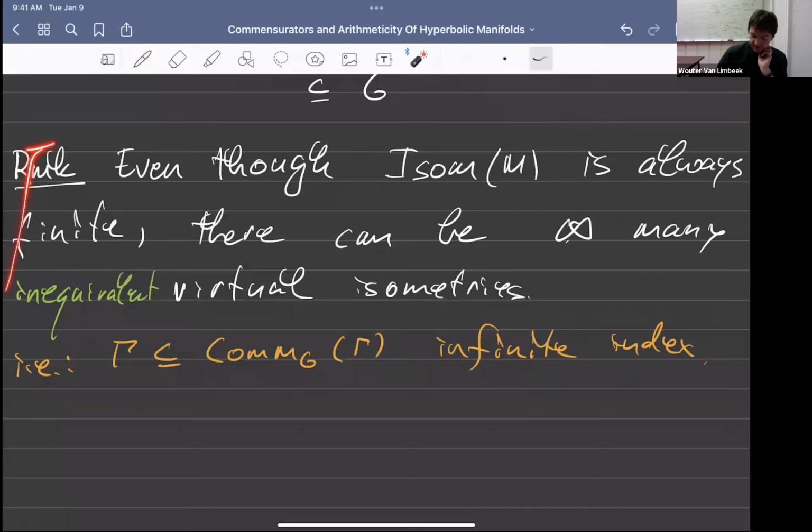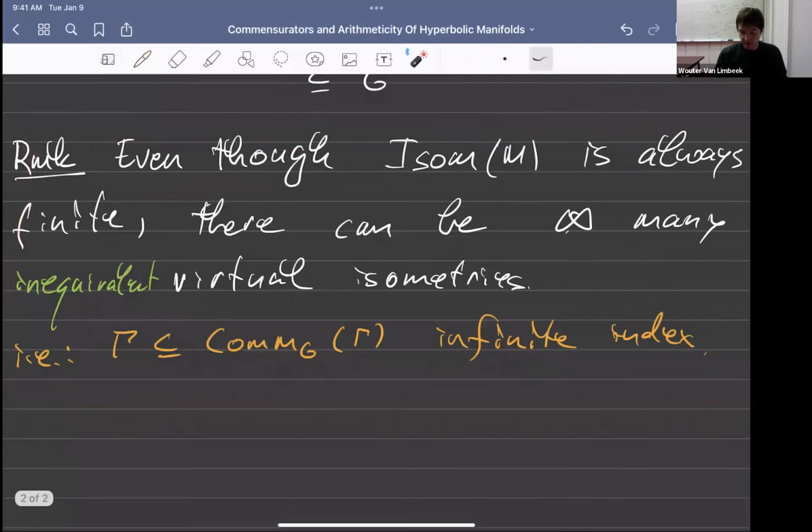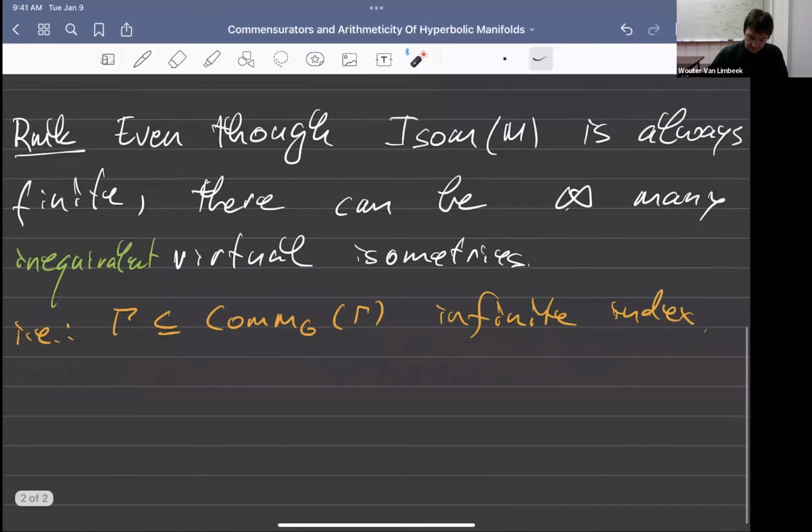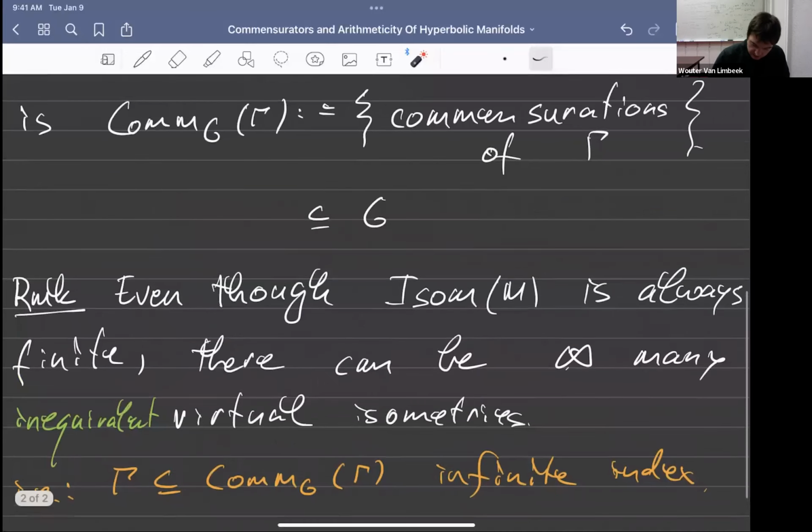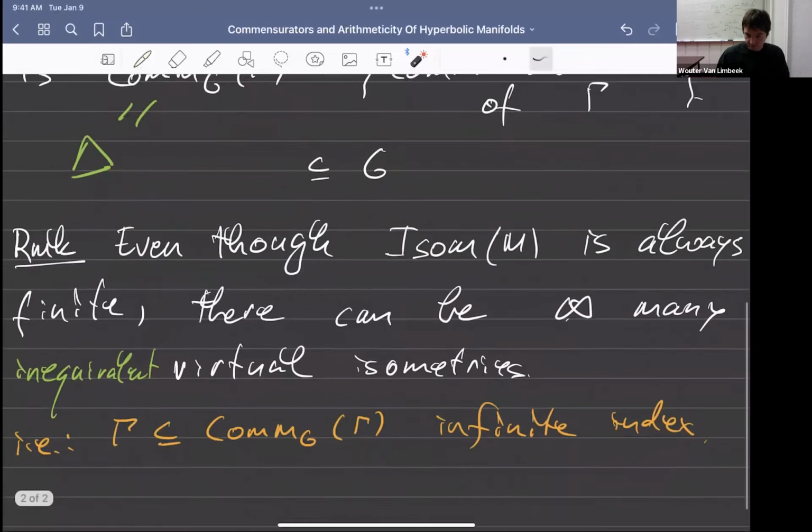This should not be obvious, but for now it's just a remark, and I will show you in a moment how this can happen. But before that, instead of writing the commensurator, I will just introduce the following notation: delta will always denote the commensurator of gamma for this talk.